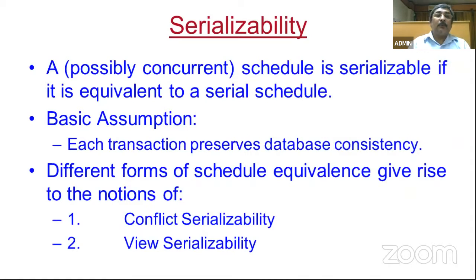So therefore, we need to have a situation where a number of concurrent transactions can be made equivalent to some serial schedule, where these transactions are done one after another. Now, when we do this, there are two types of serializability which are important. One is called conflict serializability, and the other is called view serializability, which we'll talk about one after another.